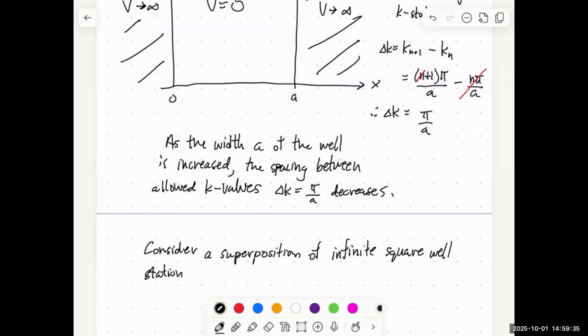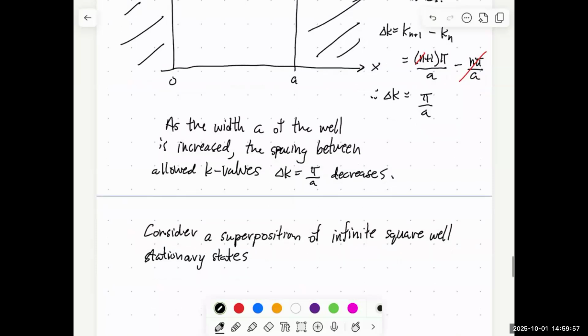The reason I want to think about this superposition is because that's exactly what we found for our free particle. It was a continuous superposition, but it was still a superposition of different modes of k. So let's see what that looks like for the infinite square well.